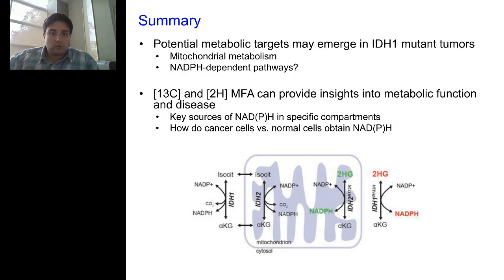Furthermore, more broadly, this combination of C13 and deuterium-based metabolic flux analysis can provide new insights into compartment-specific metabolic pathways and the role of metabolism in diseases such as cancer and others as well. This latter deuterium tracing work was recently published in Molecular Cell a couple months ago.